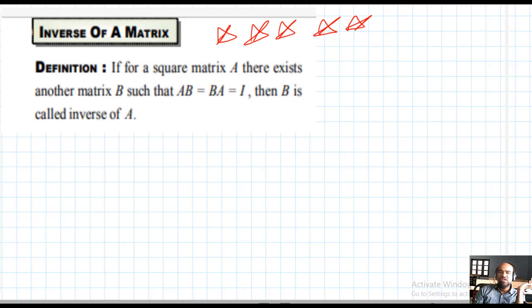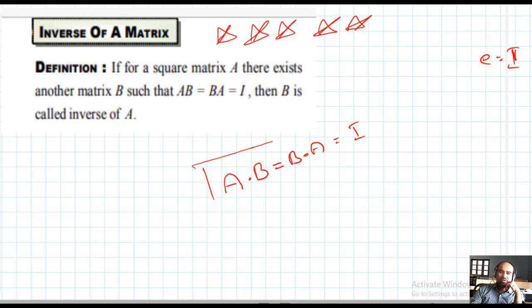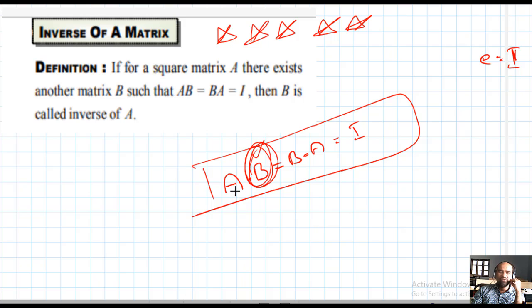Listen, all of you. If A is a matrix, and there exists another matrix B so that A into B equals B into A equals I, because in real numbers instead of E you write 1, but here the operation is multiplication of matrices, so you write the identity matrix I. Then this B is called the multiplicative inverse of A, symbolically written as B equals A power minus 1.